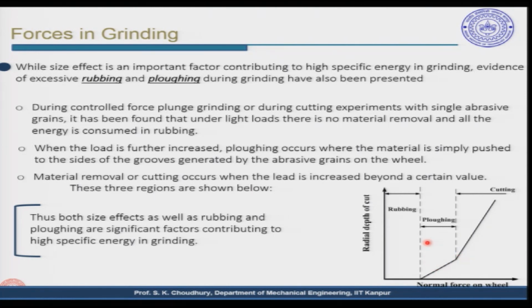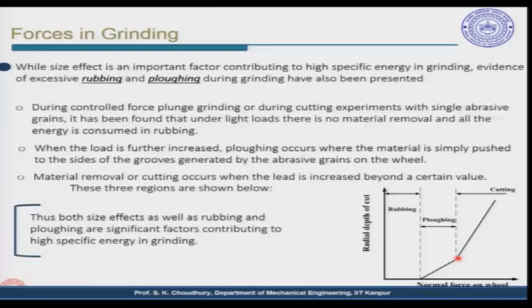You understand that the material is not segregated completely, but is plowed like we plow the land for cultivation. It is pushed to the sides, and the material is not really segregated from the workpiece. As the normal force further increases, the material is segregated in terms of small chips and cutting takes place.